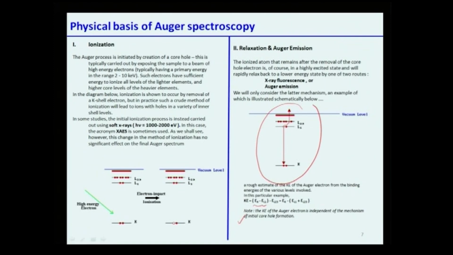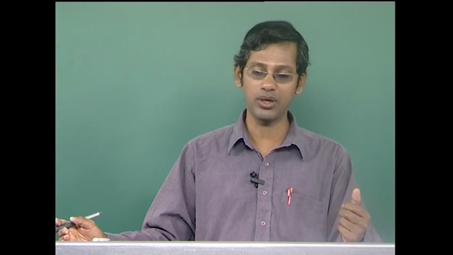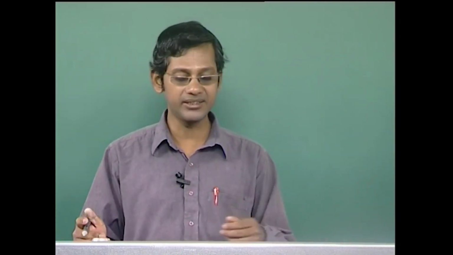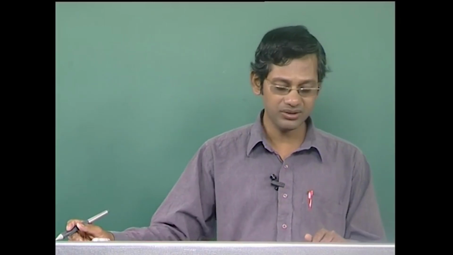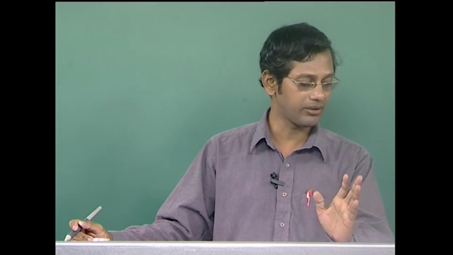Basically, the Auger process uses electron beams to create the hole, not X-rays. So, it is very clear that the kinetic energy of this Auger electron is independent of whatever process is used to create the hole in the inner shell or core shells. Normally in practice we use a very high energy incident beam, electrons of the order of 5 to 10 kilo electron volts.